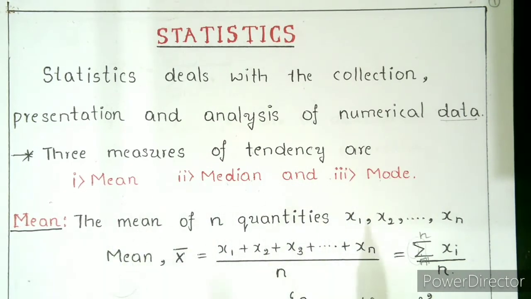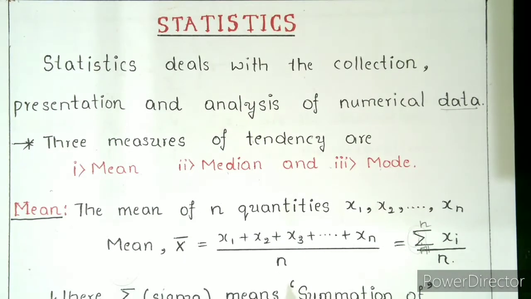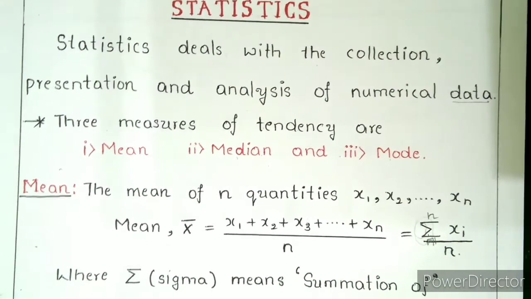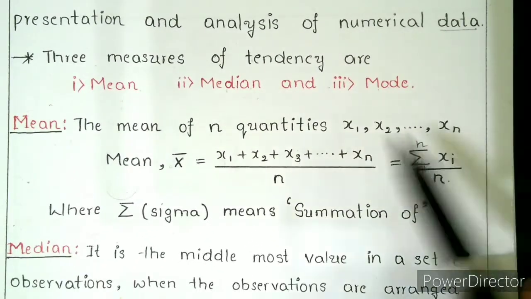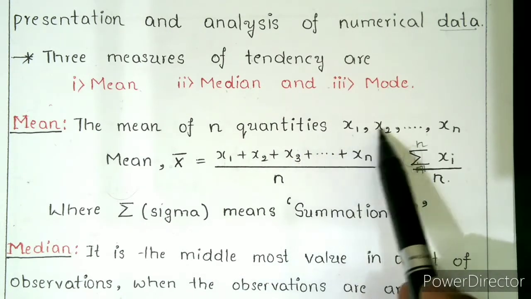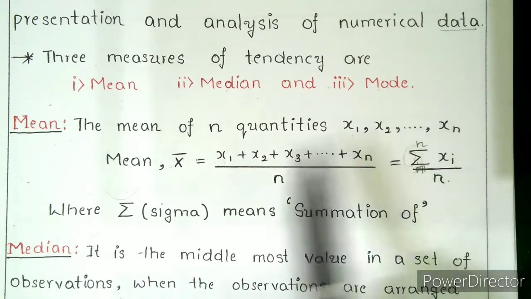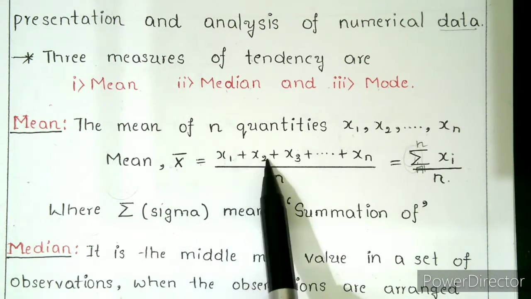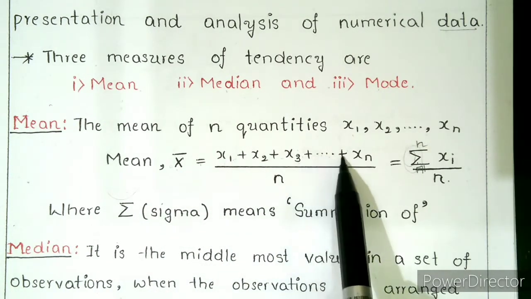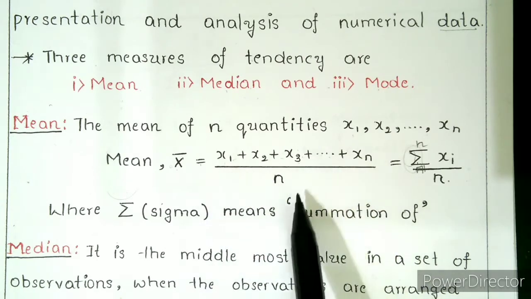The mean of n quantities x1, x2, and so on up to xn: mean x bar equals x1 plus x2 plus x3 plus so on up to xn, divided by n.